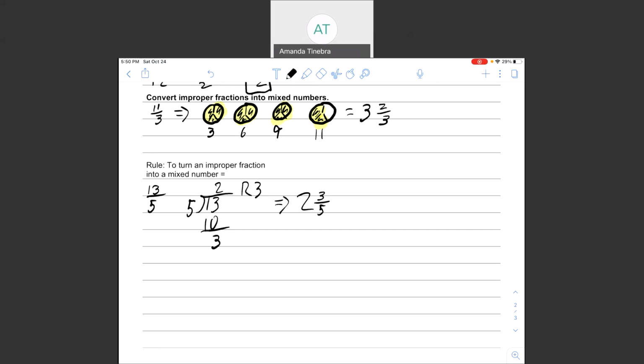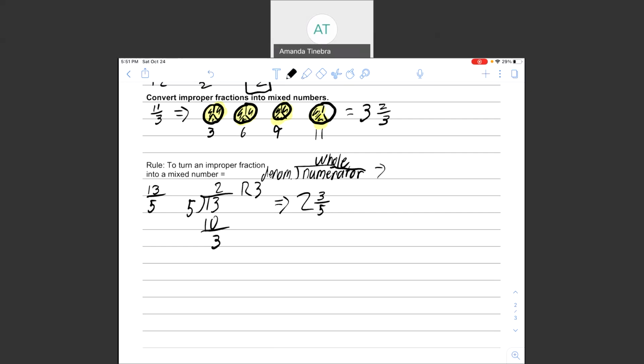And this is my rule. So when I'm turning an improper fraction into a mixed number, we're going to do the numerator divided by the denominator. And my answer is our whole number.